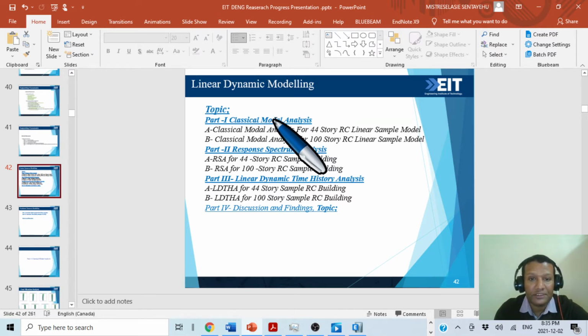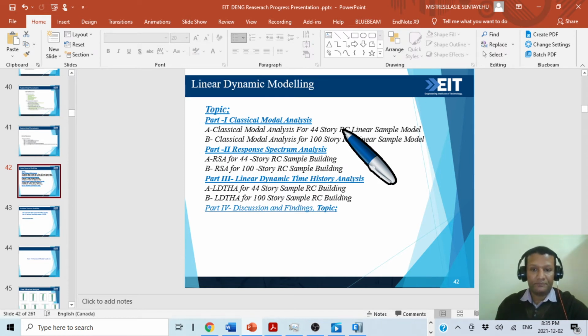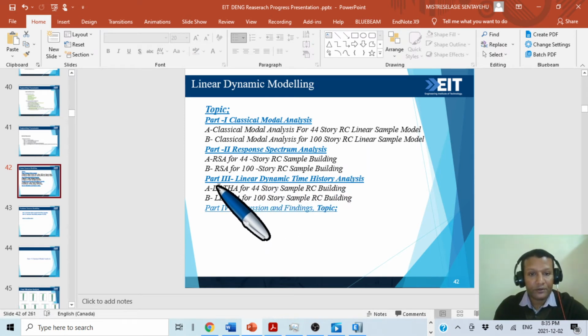Why we consider classical modal analysis and response spectrum analysis. So RSA 44 story, RSA 100 story, we will check it. We will see the results for overturning moment, local response, global response, everything. Moment, shear, all will be checked, and we shall see the fundamental period also.